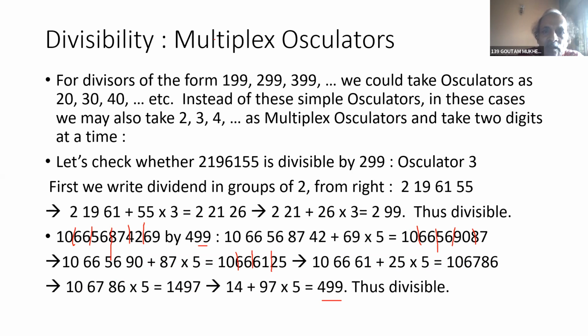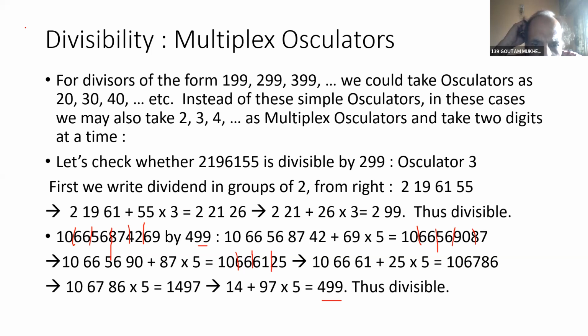Please repeat how we got the second last row: 10665690 plus 87 into 5 is equal to 10666125. So how is 6125 achieved? Second last row, 10666125.